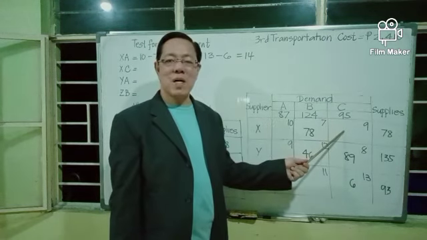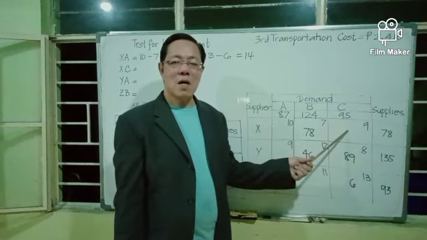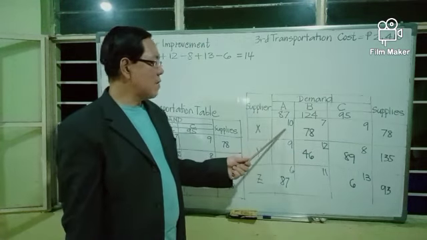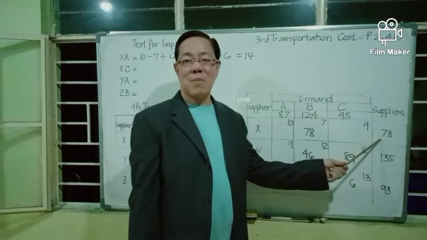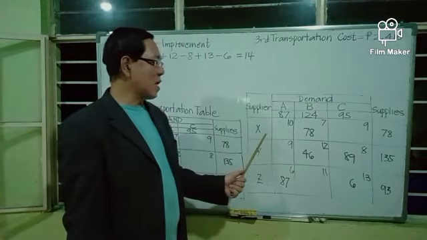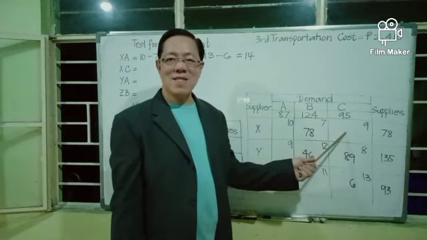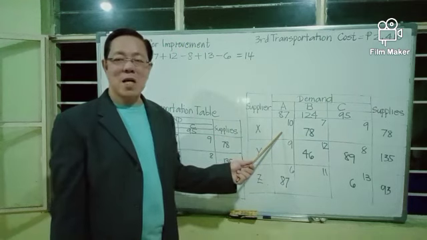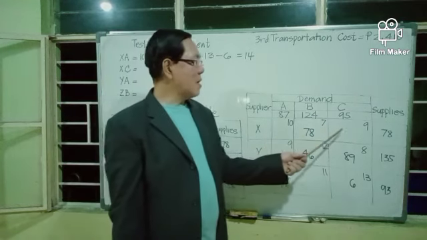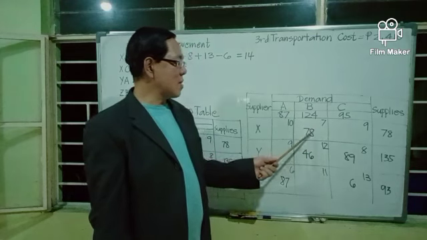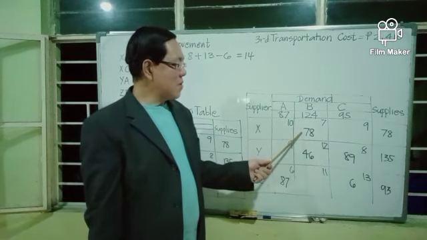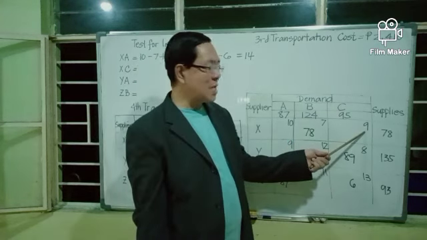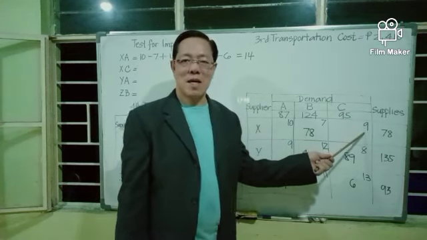We trace a closed path from this vacant cell, beginning with horizontal movement to the left. We cannot move to the right because this is the number of units available in supplier X. So from this vacant cell, we move horizontally to the left, but not up to this cell because it is a vacant cell. Hence, from this vacant cell, we move horizontally to the left to 78. And the cost associated with that horizontal movement is the positive, or plus 9.